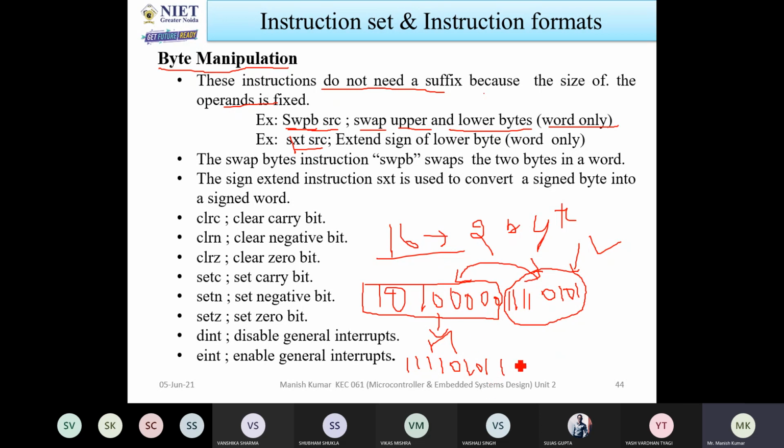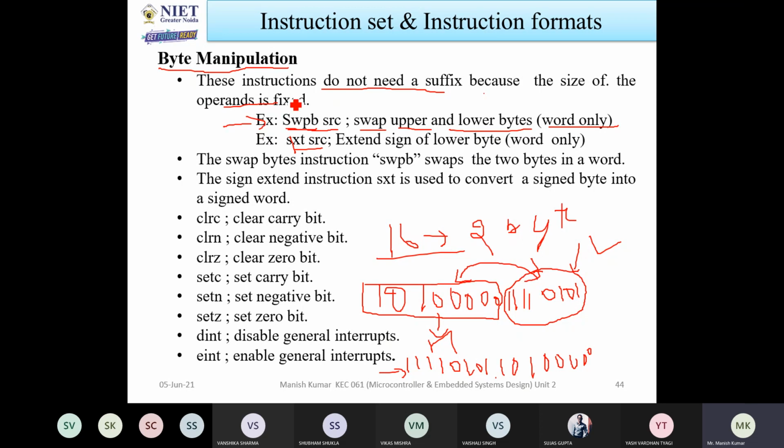So again, if you write 1010 000 and one more zero, this is the number after executing the instruction SWPB SRC.